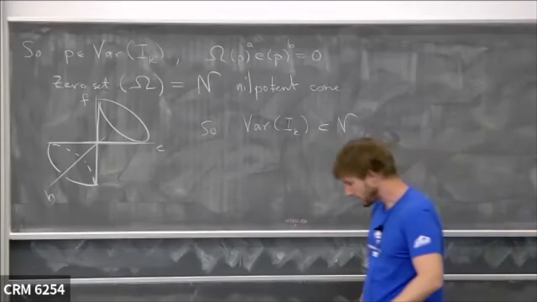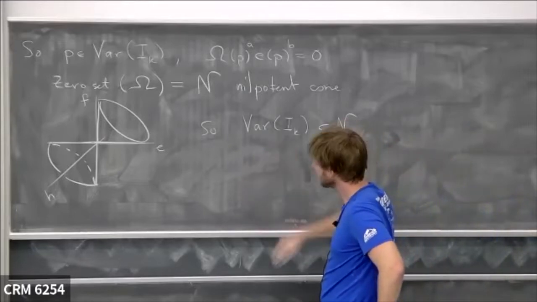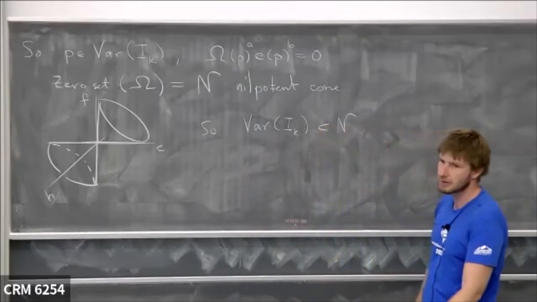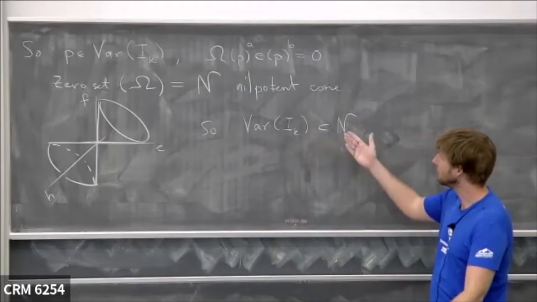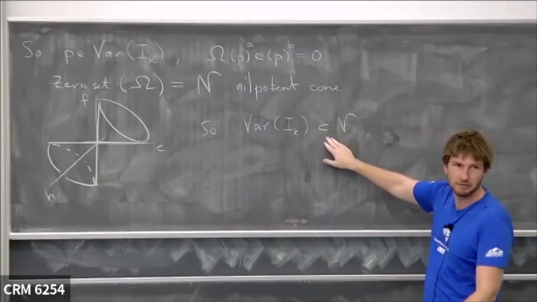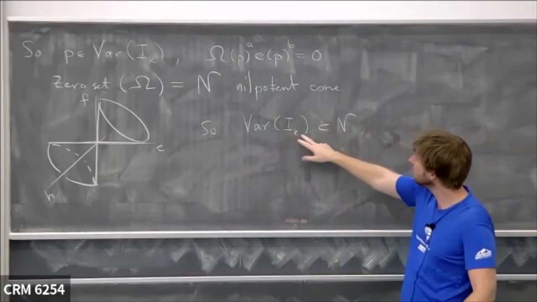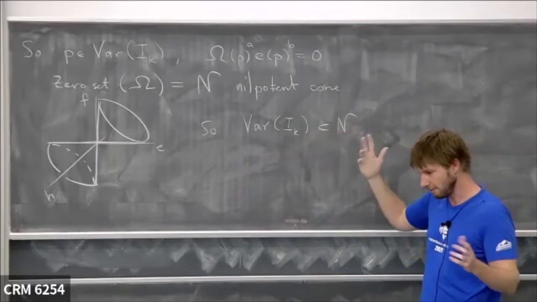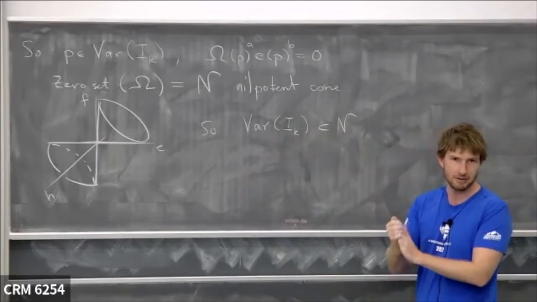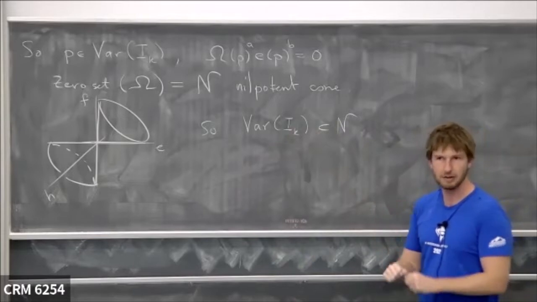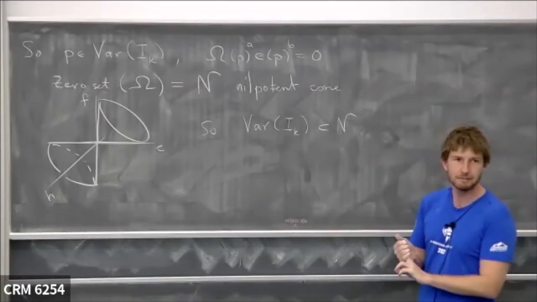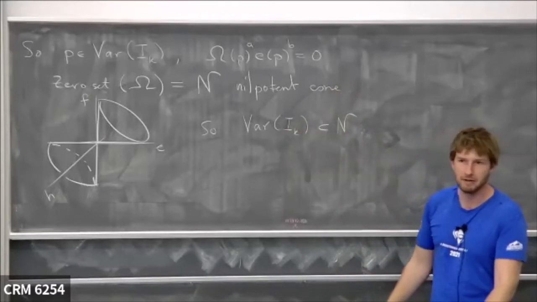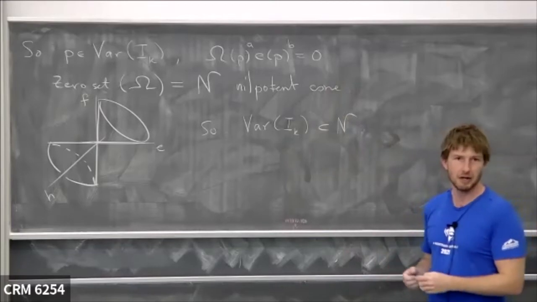Tomoyuki extended this argument using this sort of semi-infinite reduction functor for other types, and was able to prove the same thing holds in general: for arbitrary type, for admissible levels, this variety lies inside the nilpotent cone. But then you have a lot more variety of things that can happen because it could be some non-trivial closure of a nilpotent orbit. In a sense, the base of this is this calculation, and then there's this kind of argument to extend to other types.